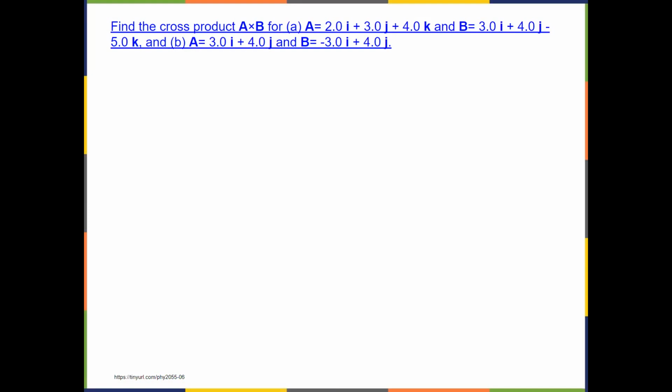And then the second one is A equal to 3.0 i plus 4.0 j, B equal to minus 3.0 i plus 4.0 j, okay? Go ahead and try those two. Then we can look at the solution together, okay? You can submit your answers by clicking on this PowerPoint slides.